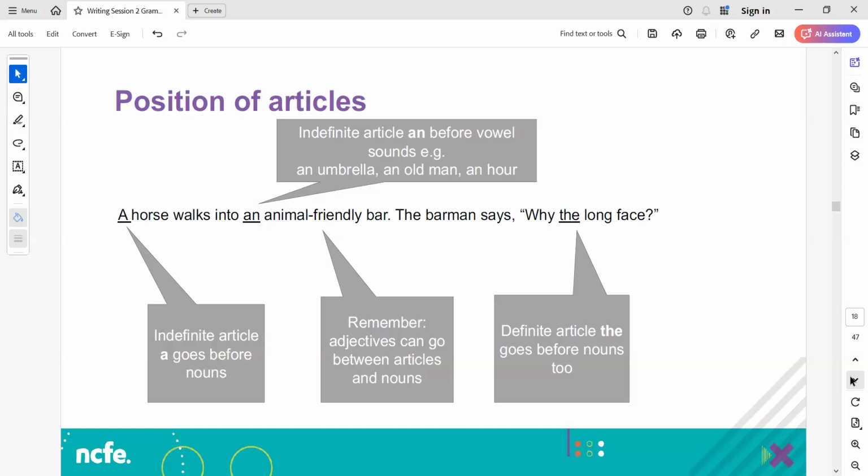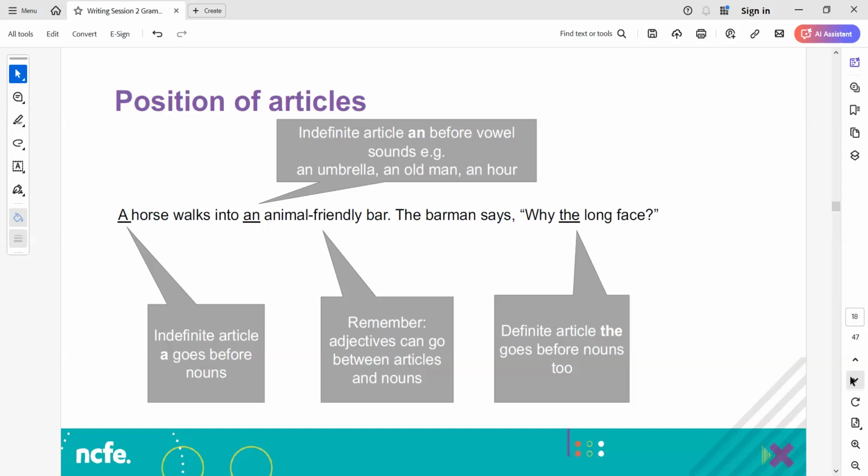And something else to remember here is that adjectives, so the word describing the noun, can go between the article, which here is an, and the noun. So an animal-friendly bar, the animal-friendly is the adjective, and it's going between the article and the noun bar.